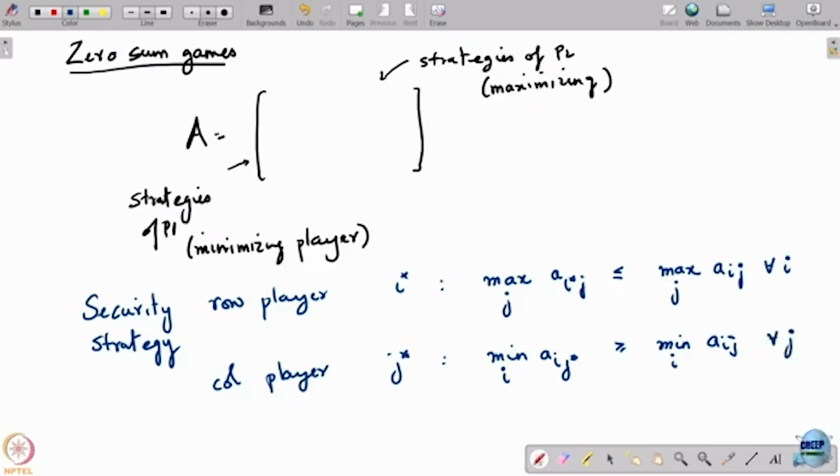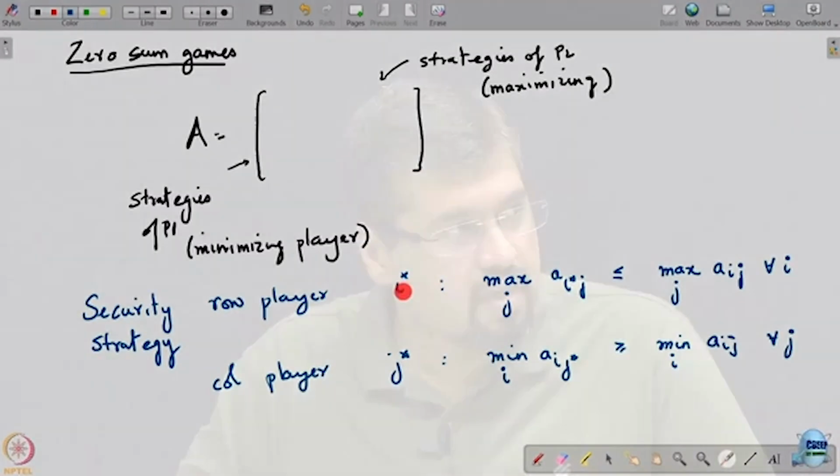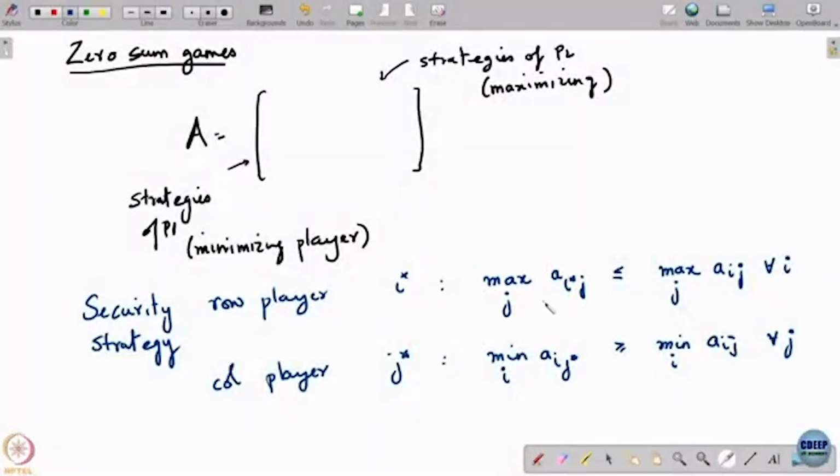And the significance of security strategies was that they bounded the loss that a player could incur. In other words, if the row player played i star, then the worst case payoff that he could get was this number here, and this was called the security level.